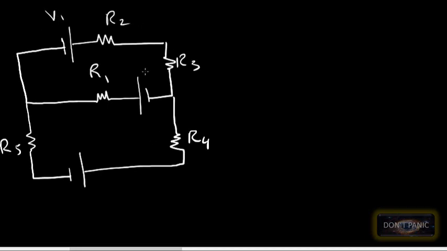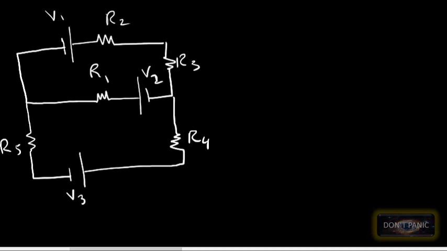Suppose this is V1, this is V2, and this is V3. Now suppose you have to find the current and the voltage across all these resistors. Then how do you go about doing that? These are neither in parallel nor in series. So here you have to apply Kirchhoff's laws.